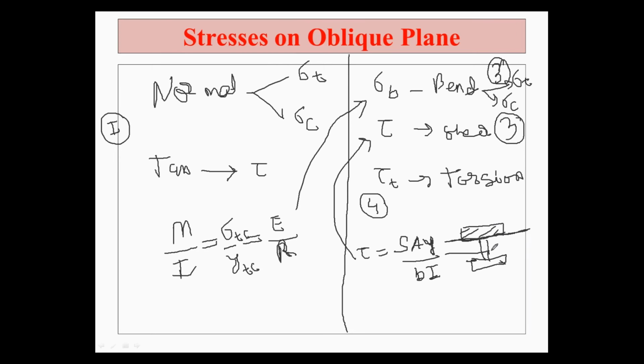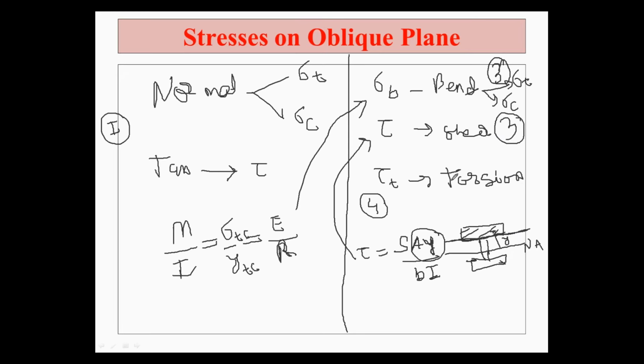Here it is neutral axis. So that will be A into Y. A means this area, Y means neutral axis से इसका जो center है, that is Y. So that is the shear stresses in beams.